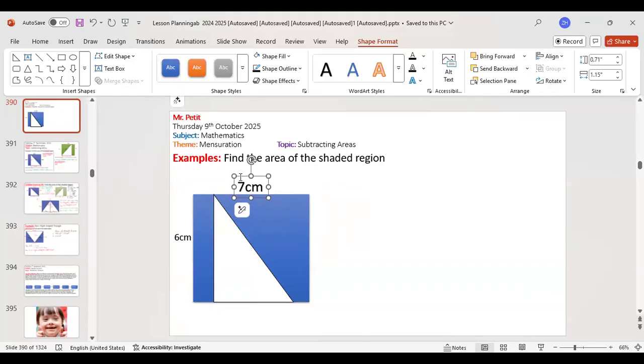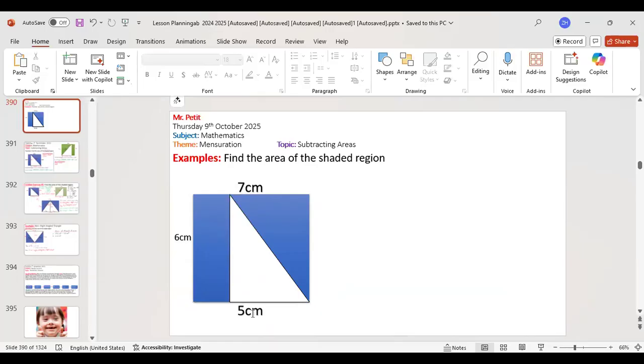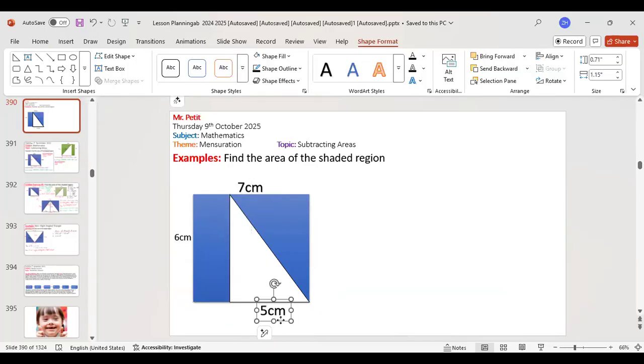And let's say that at the bottom here is 5 centimeters. Oh, let's put this triangle closer to the edge, so it's like starting from here. And then that's all we need. Oh, one more thing. Let's make this 8 centimeters here.